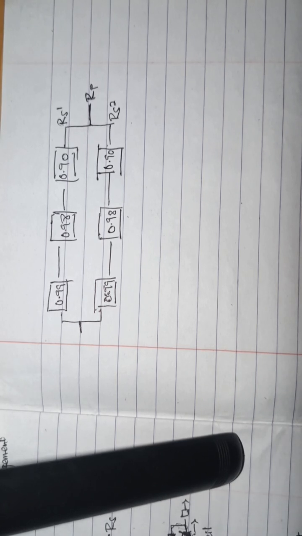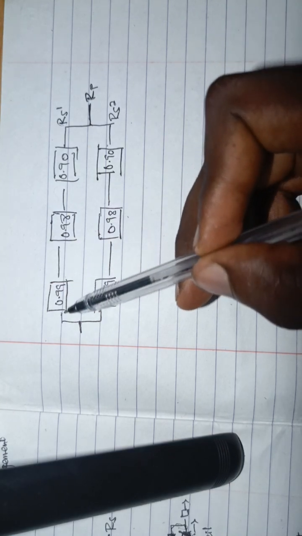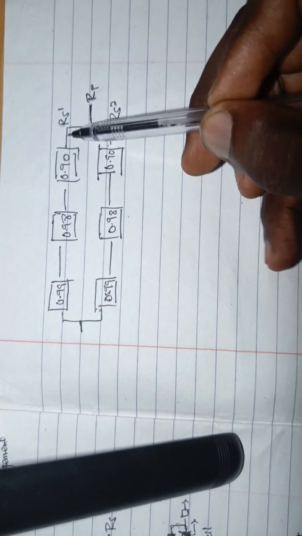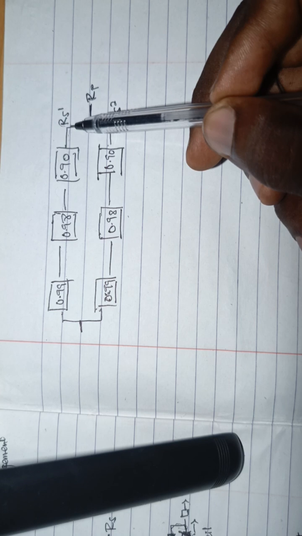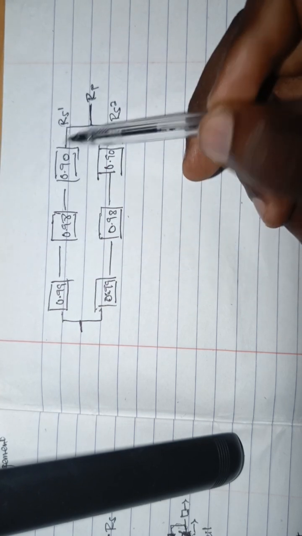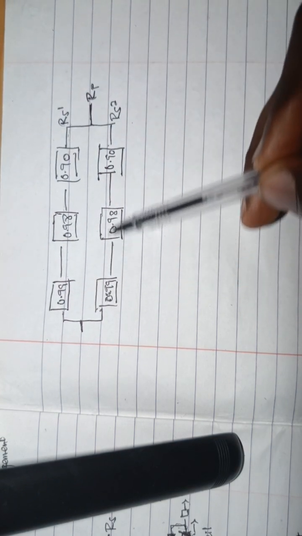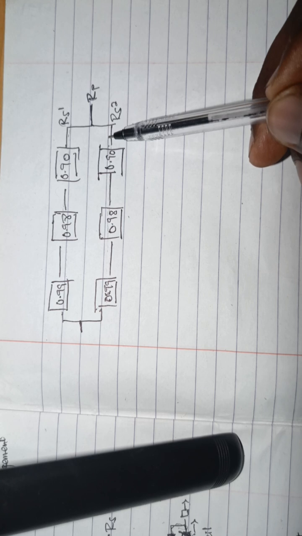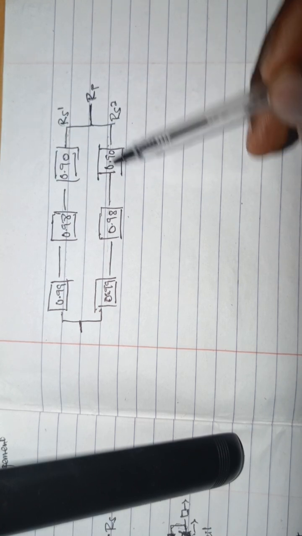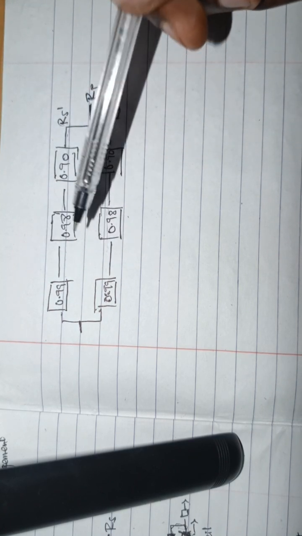Okay. So now, if you look at the figure very well, you realize that this side of the system is in series. You also realize that this side is also in series, but then they are linked together. That makes them redundant.